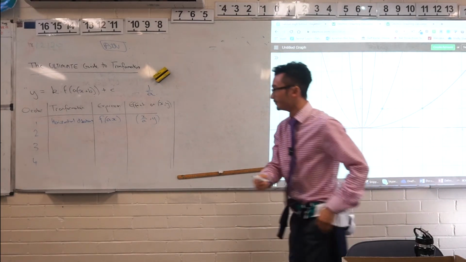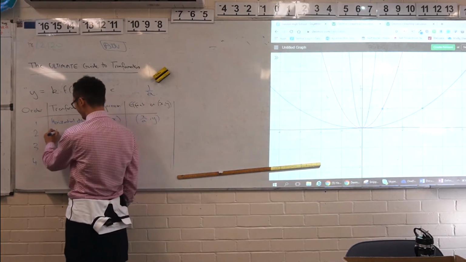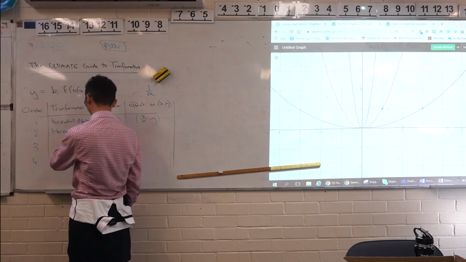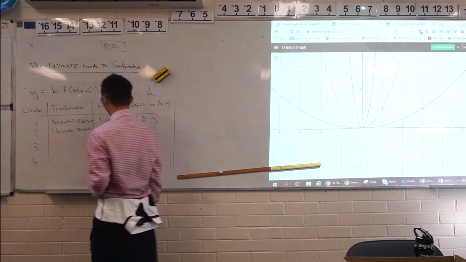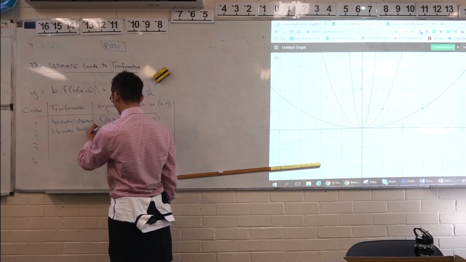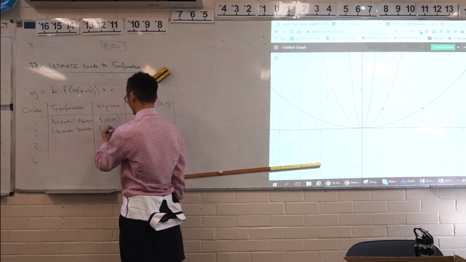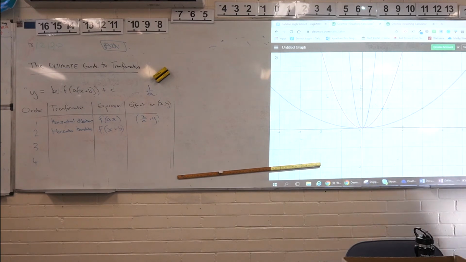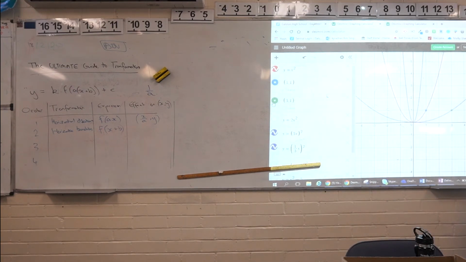The next one is horizontal translations. Right, and so this is when I say, okay, I'm going to take f of x plus b. So we'll get rid of these parabolas going everywhere. Let's get rid of these ones.